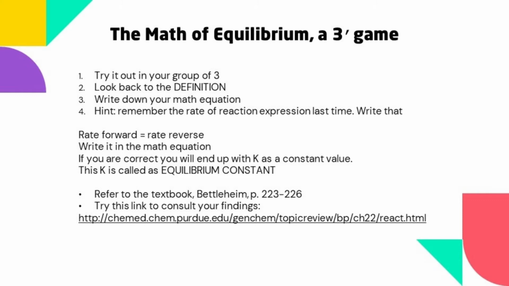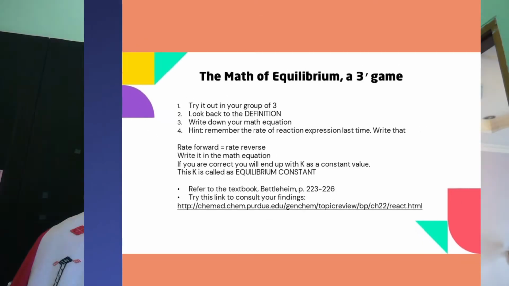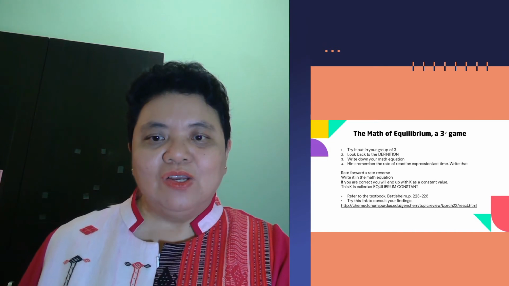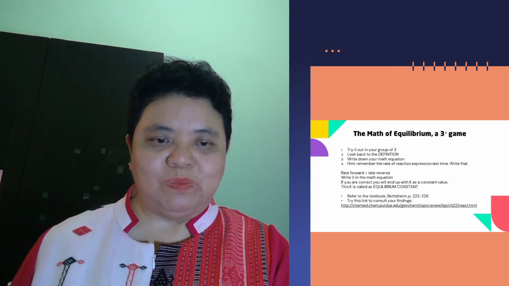This is the K which is called the equilibrium constant. Consult your textbook on pages 223 to 226 and also try this link. I provided the link also in the Teams. So now, go to your subgroup in the Teams and discuss with your groups, and we'll be back in 3 to 5 minutes in the general Teams group.